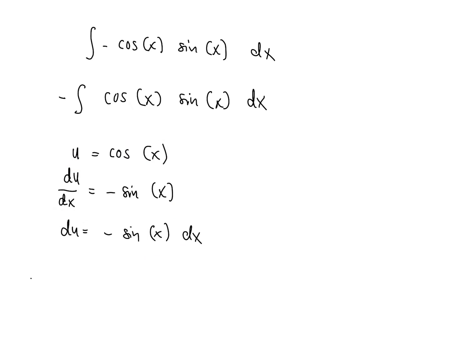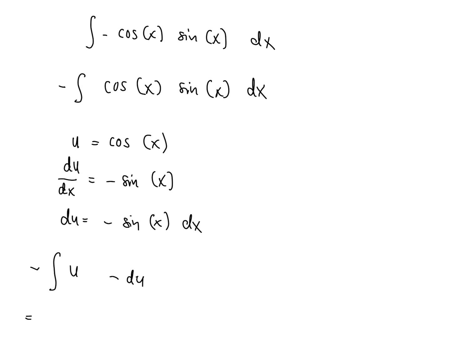So I have negative cos x, where cos x is u, and sin x dx is negative du, because this is positive, so it becomes negative du. Negative and negative give positive, so the integration of u du.